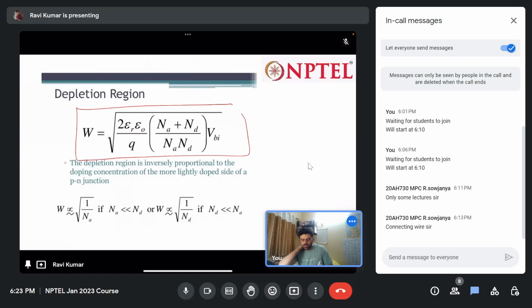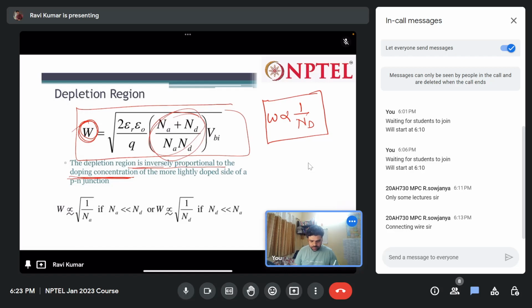This is the width of depletion region and it depends on concentration. We can say depletion region width is inversely proportional to the doping concentration.